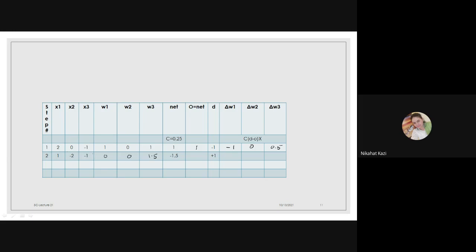So we have net. I have computed it already. Now quickly tell me delta W1, 2, and 3. Anyone who is present can tell. 0.625, 0.625, minus 1.25, and minus 1, minus 0.625.